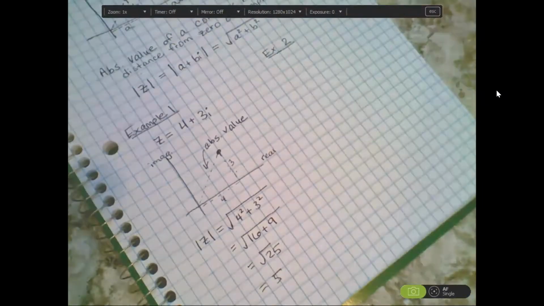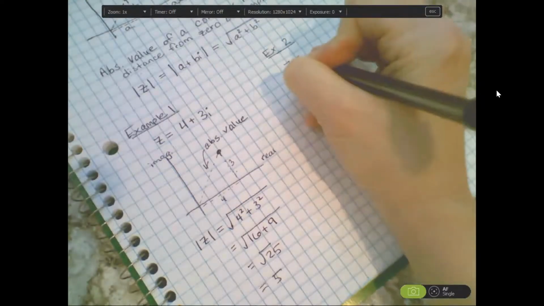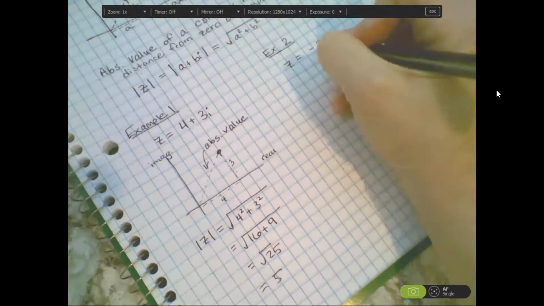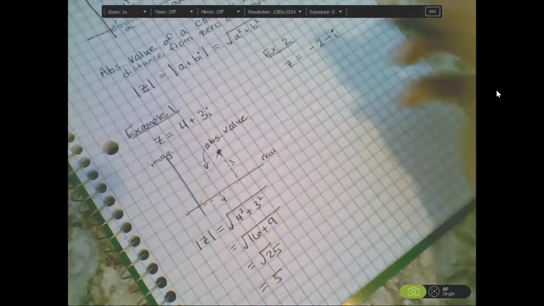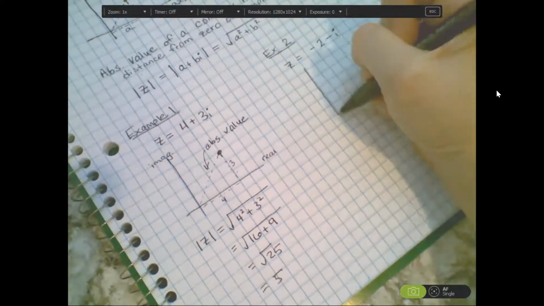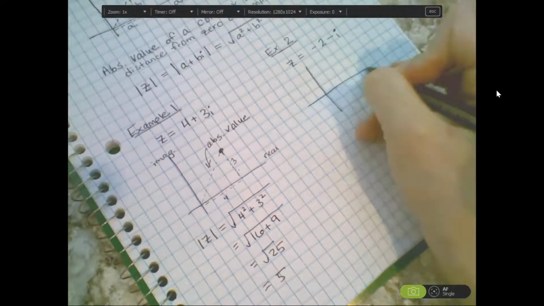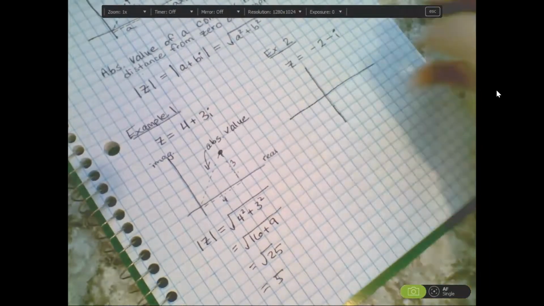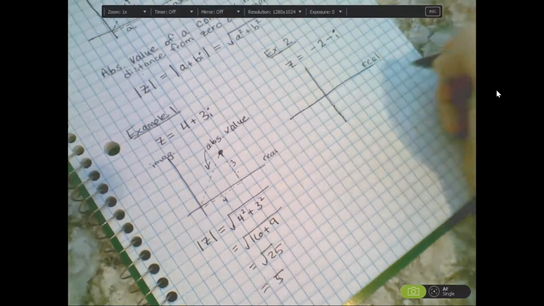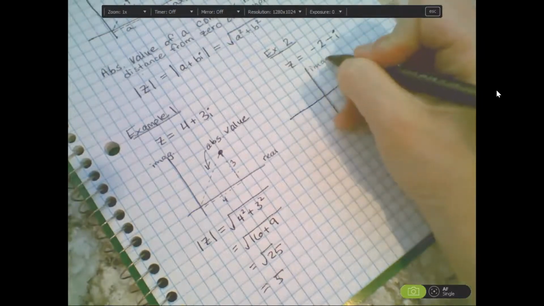Example 2. I've got some with negatives in there. So let's see, we've got -2 minus i. If I want to graph that, remember this is real, this is imaginary.